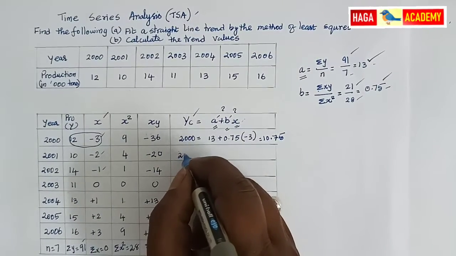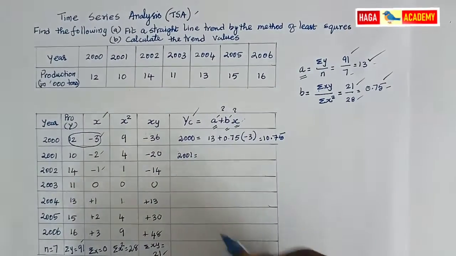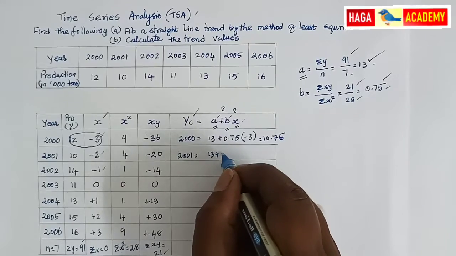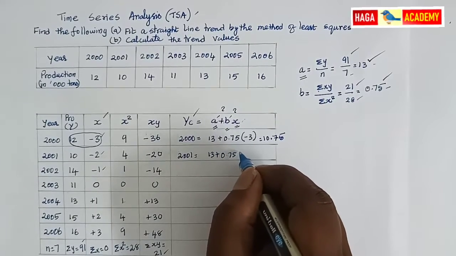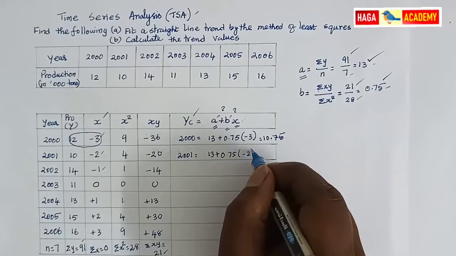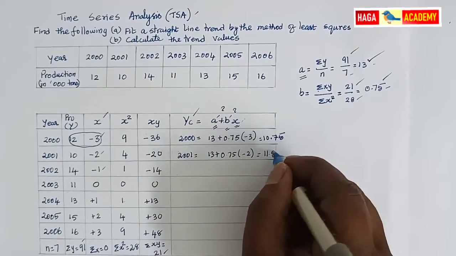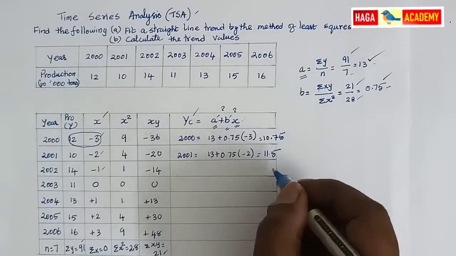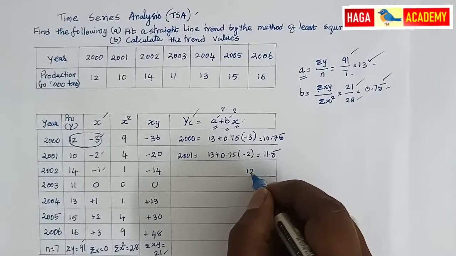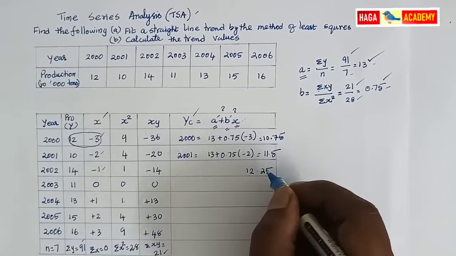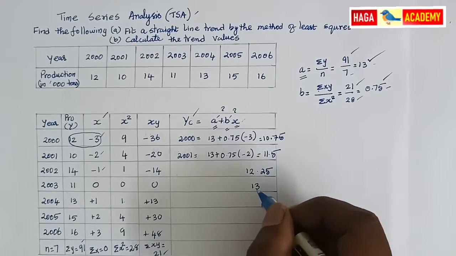For example, 2001 equal to 13 plus 0.75 into minus 2. The second value is 11.5. And the third value is already calculated, 12.25. The fourth one, 13.